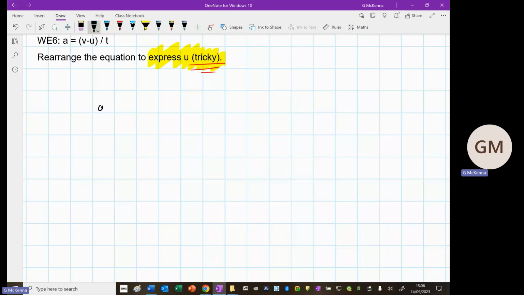The first thing we'll do here is just write out the equation. We're given acceleration is equal to v minus u all divided by t. Now, when you do have to rearrange this particular equation, my advice would be to use the fact that delta v is equal to v minus u.